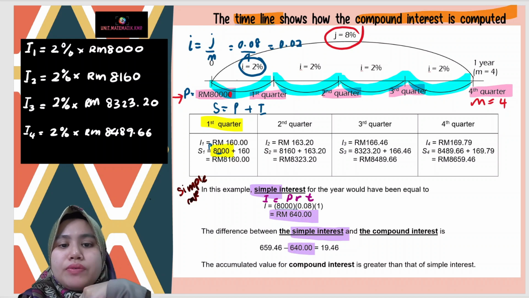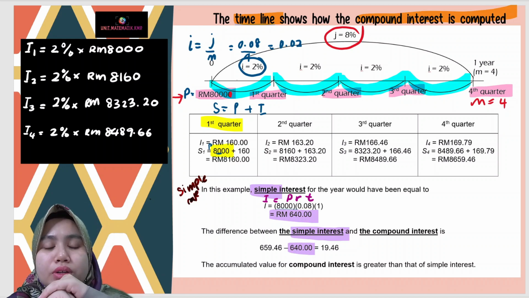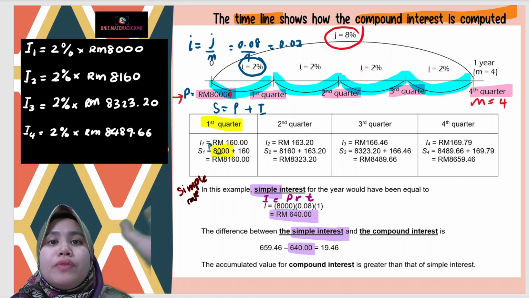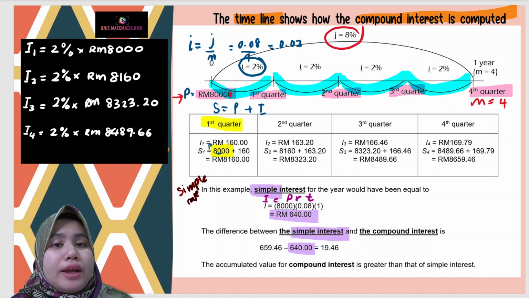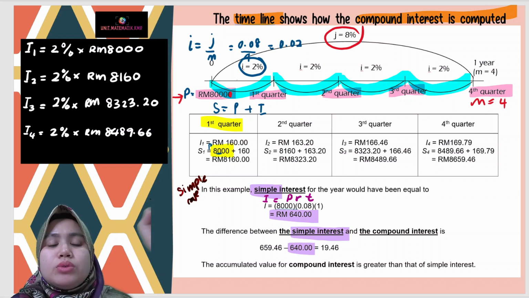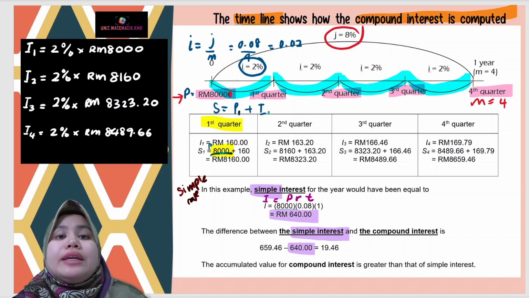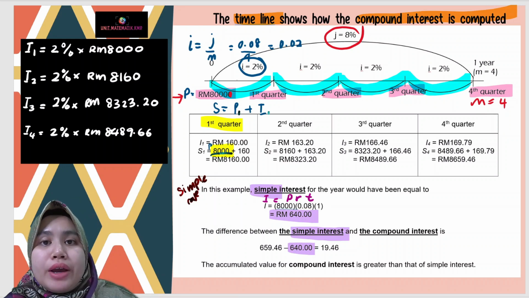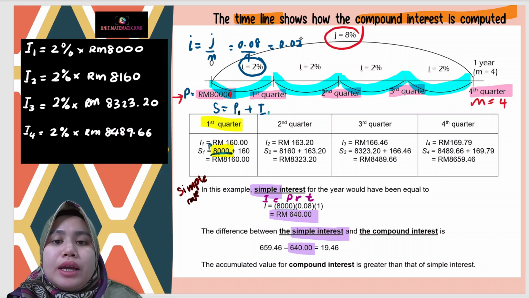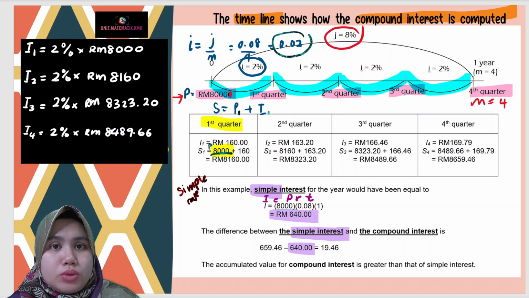For the first quarter, as I said earlier, to find the accumulated value, your S1 is equal to P1 plus I1. Your P1 there is 8,000. So now let's find your I1, your interest for the first quarter. We know that your I is 0.02.